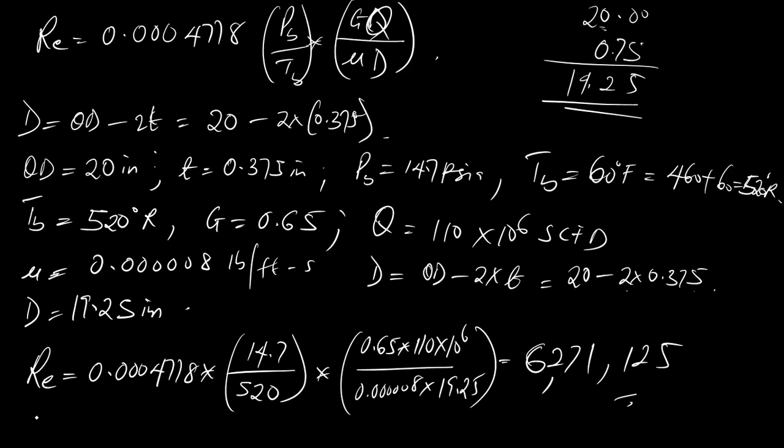Since the Reynolds number is greater than 4,000, it is a turbulent flow. So we are going to use the modified Colebrook-White equation.